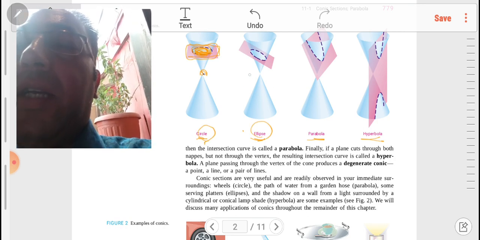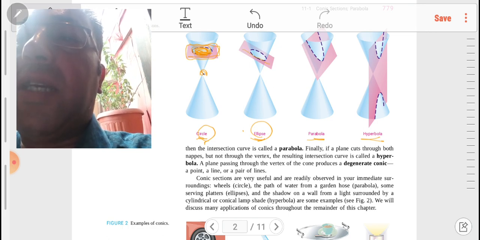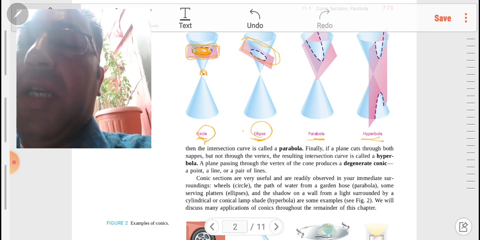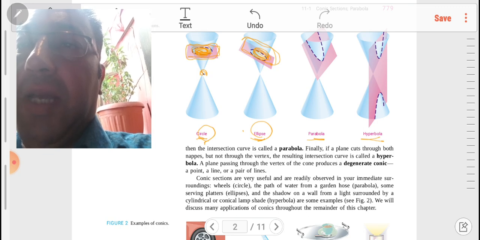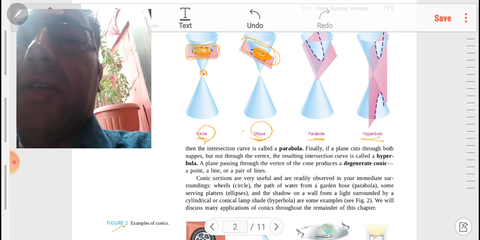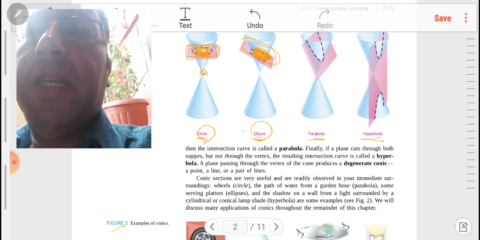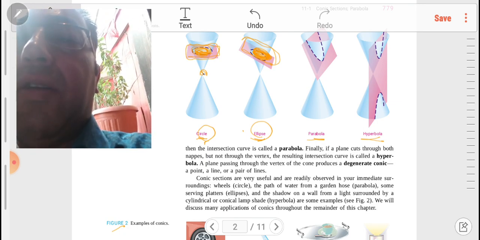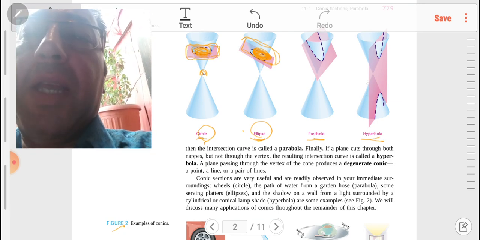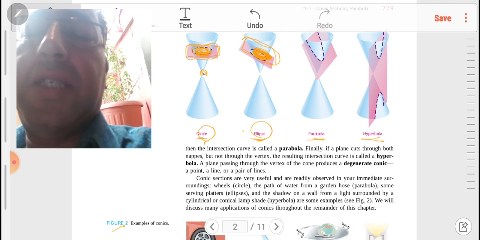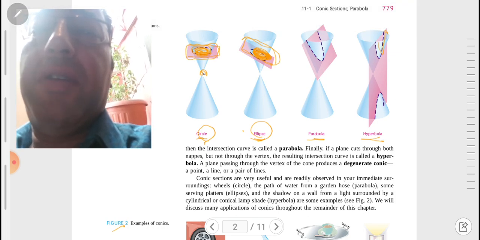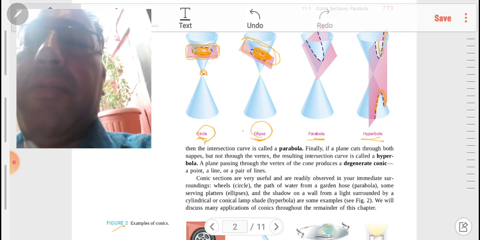If we draw the same cross section oblique down, it becomes an ellipse. If the cross section is vertical, we draw a graph, a parabola. If the cross section intersects the two cones, the graph will be a hyperbola.